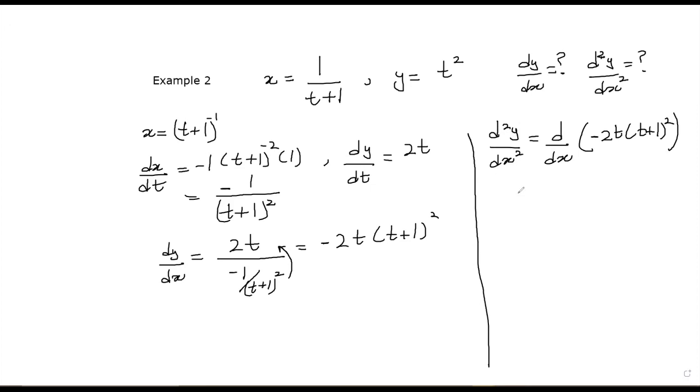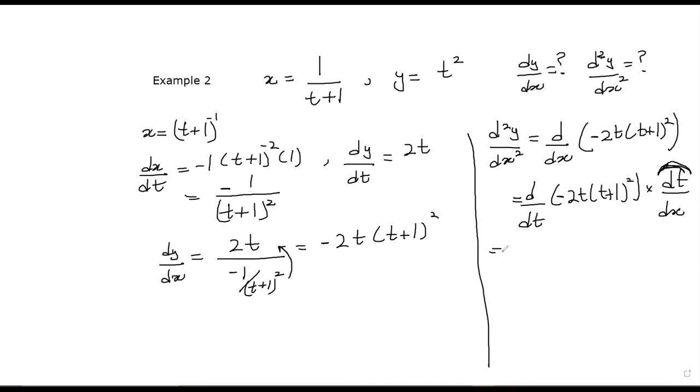We will try to play a game. We will differentiate the equation with respect to t first, and then we will multiply it by dt over dx. Or you can also say divide by dx over dt, because this is the reciprocal of dx over dt.